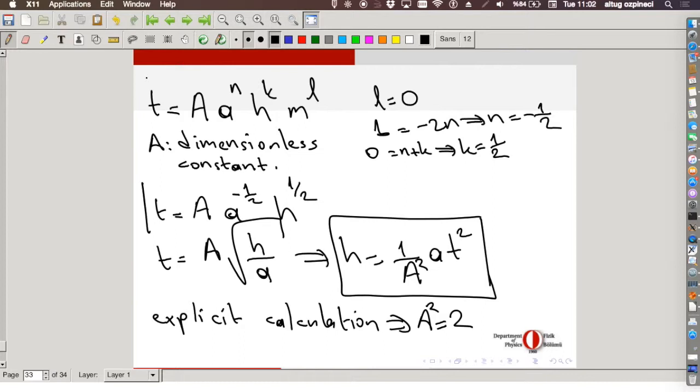In such a case, A should be 0. But other than that, you cannot determine A just by looking at dimensional parameters. The only thing you can say is, it is something close to 1.